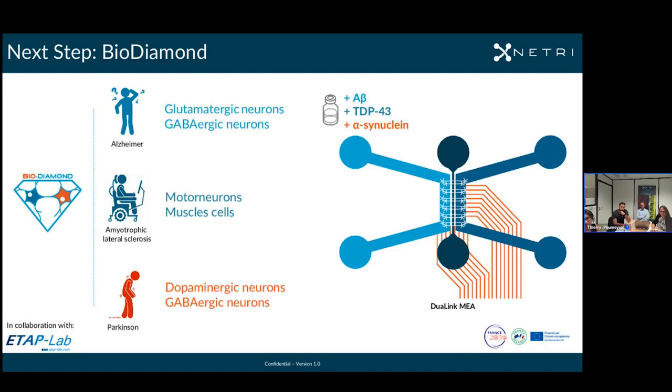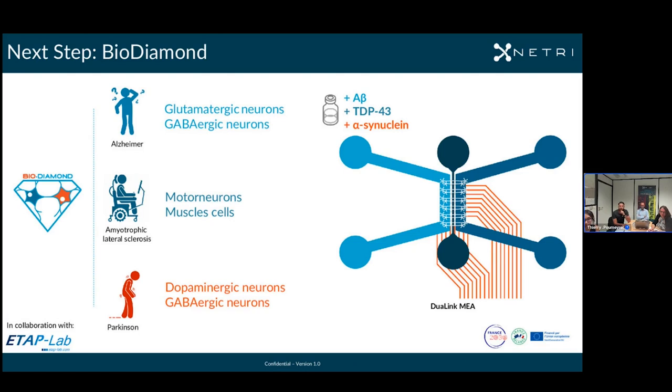But there are also other pathologies that we are exploring within this collaboration. There's ALS, and we are currently working on a platform that enables us to co-culture motor neurons and muscle cells in order to recreate an NMJ platform.